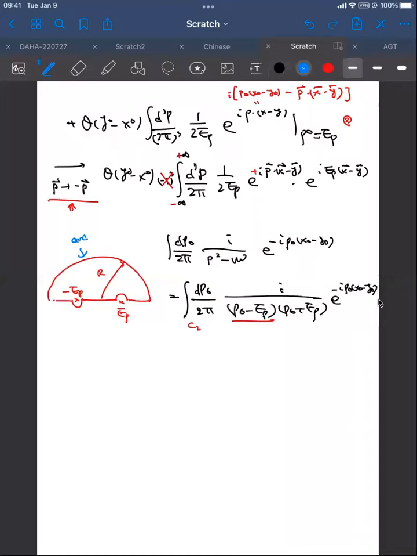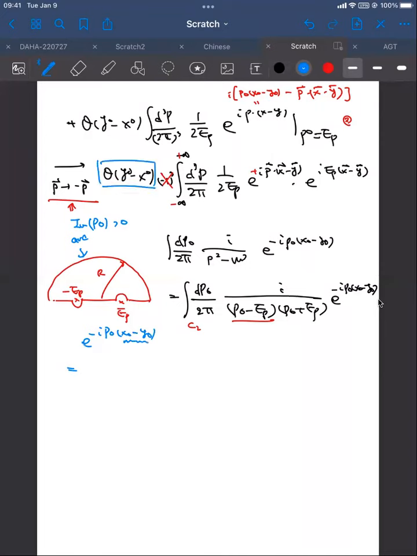On the arc, the imaginary part of p0 is positive, and because we impose theta(y0 minus x0), x0 minus y0 is negative.